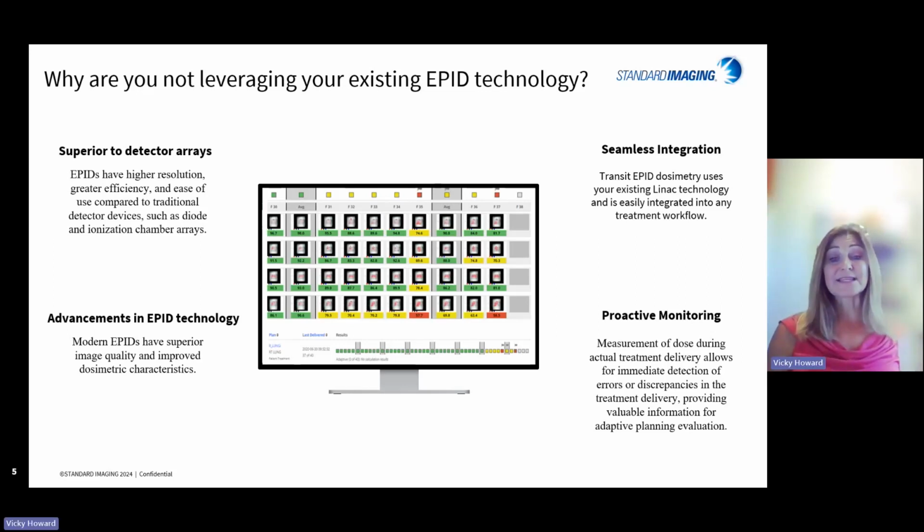It can be seamlessly integrated into almost any treatment workflow, allowing proactive monitoring of dose during treatment delivery, rather than some of the reactive steps that we are forced to take in our clinics today. And this enables immediate detection of errors or discrepancies and will really facilitate quick adaptation to setup issues or even adaptive planning evaluation due to anatomical changes.